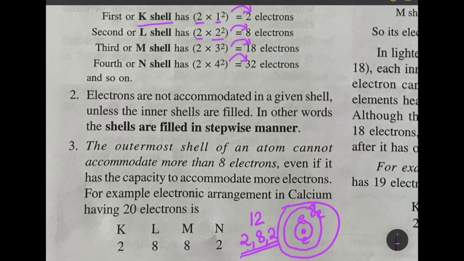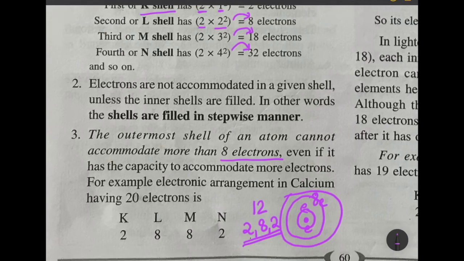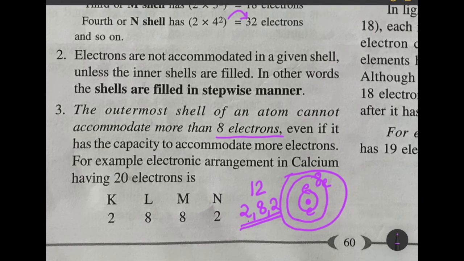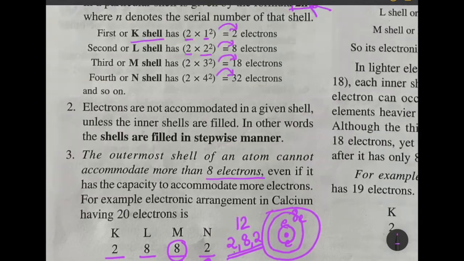Now the outermost shell of an atom cannot accommodate more than 8 electrons, even if it has the capacity to accommodate more electrons. For example, if we take calcium, which has 20 electrons: 2, 8, 8, 2. Outermost cannot accommodate more than 8, so it will move to the next orbit. Clear?